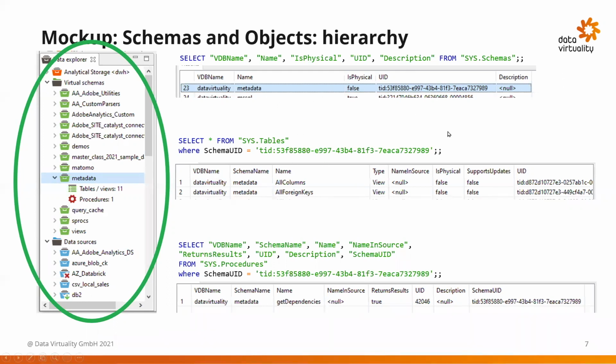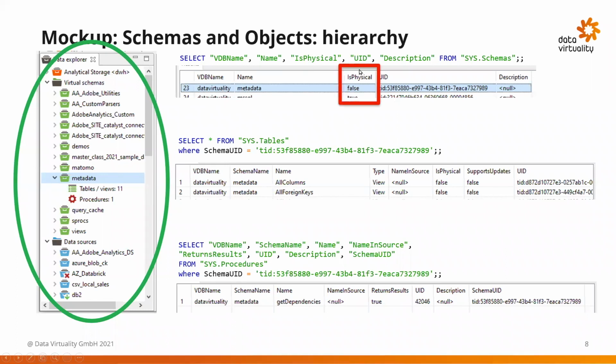Your developers would iterate across every single one of these. So for each schema, they would get the appropriate tables and procedures, and then they would move on to the next schema, say for instance demos, and get the appropriate tables and procedures for the schema demos.